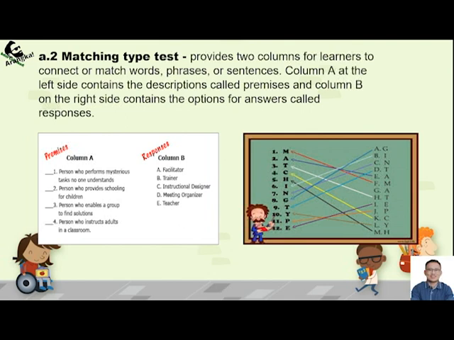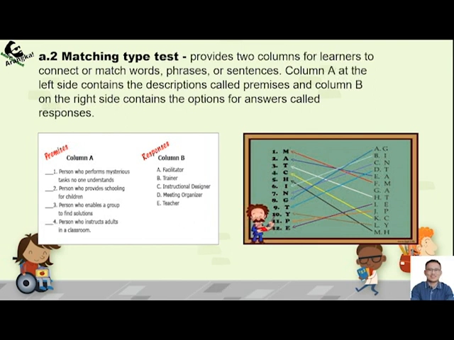The items in column A are numbered, while the items in column B are labeled with capital letters. The convention is for learners to match the given response on the right with the premise on the left.